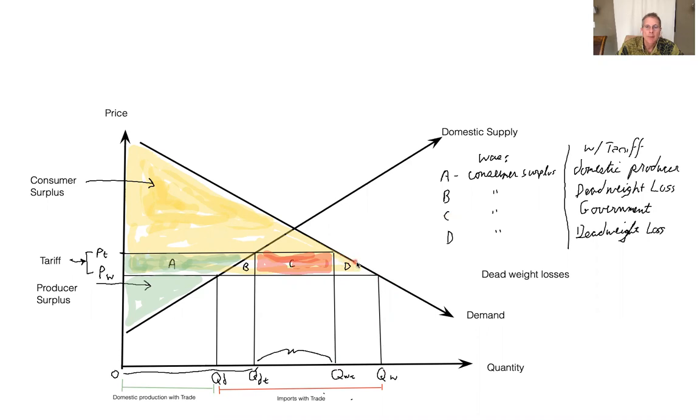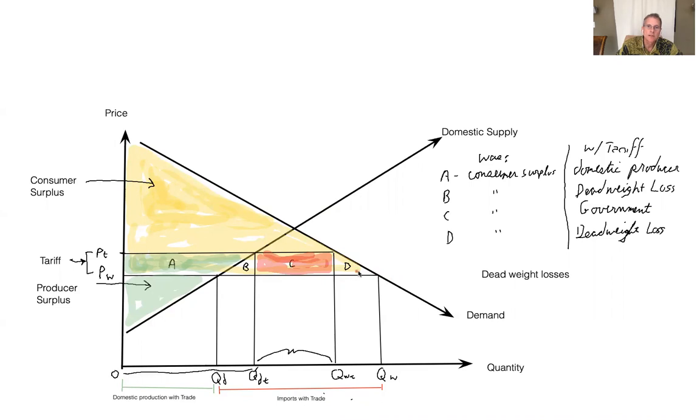And so all the happiness that tofu provided consumers when this much was being consumed is chipped away a little bit, because now they're only consuming this much tofu. And the price is higher, and obviously whenever the price is higher and you consume less than you'd like, you're less happy. So that's also a dead weight loss.